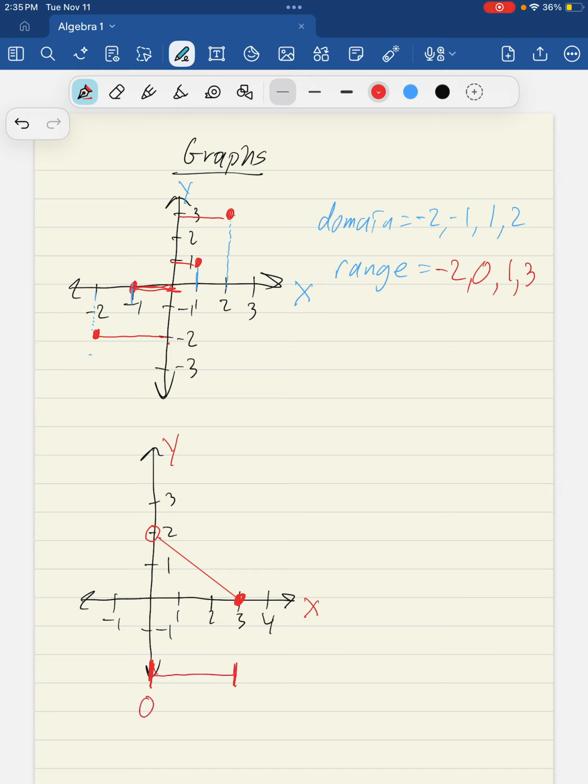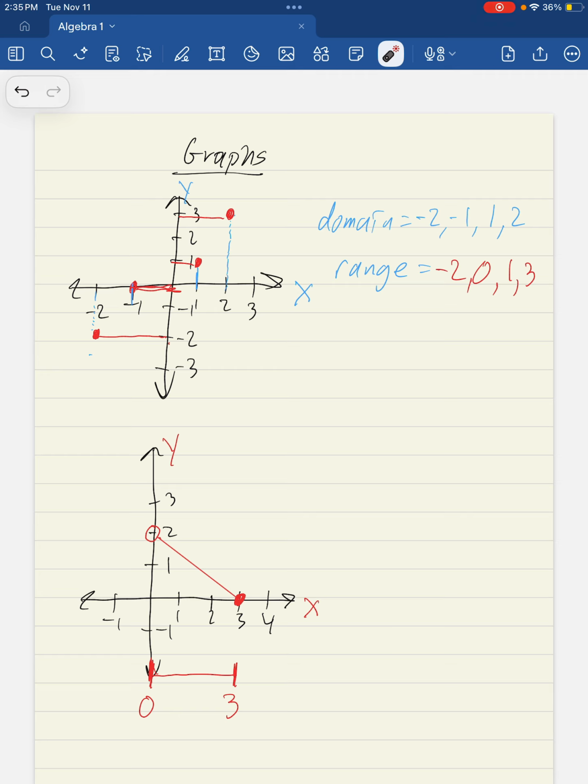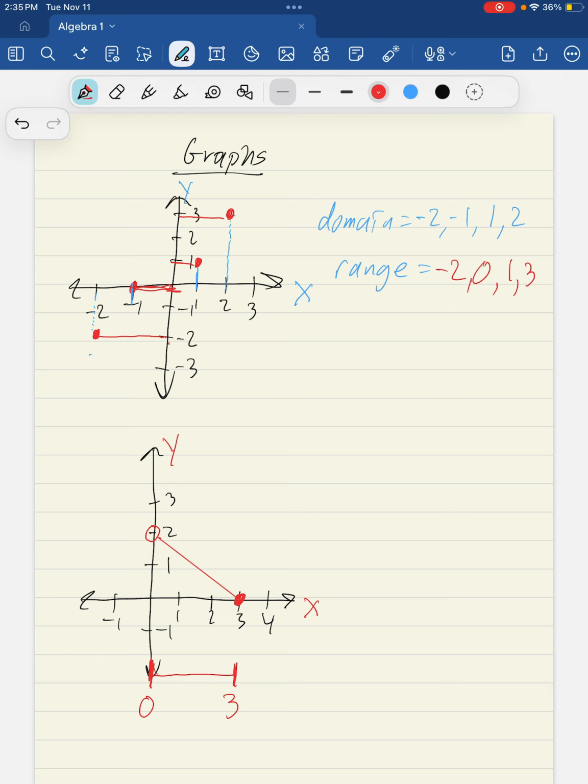So from 0 to 3, x can be any value. However, we do have an open circle right here. Because we have that open circle, we need to make sure that our inequality is correct. So I go 0, that's my smallest number, less than x, less than or equal to 3. That is my domain.